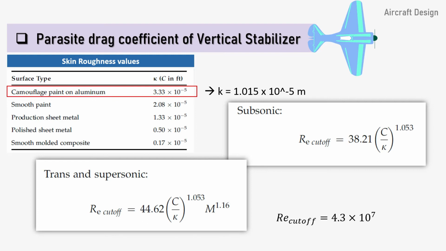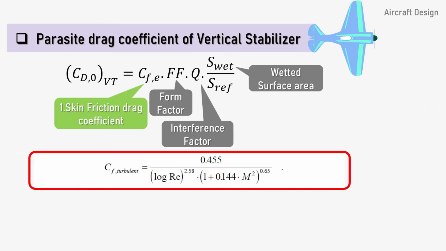Applying all the values in that equation, we get a cutoff Reynolds number of about 4.3 into 10 power 7. Okay, I'm not going much deeper because the procedures are the same as for the last few components. We just use the same formula for CF, the skin friction coefficient. After applying, we get around 0.0023.